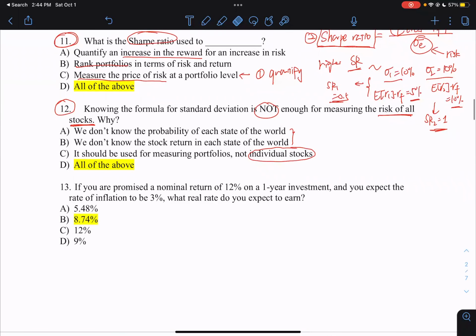The reason is something that we didn't cover in class yet, but I can give you a first preview. For individual stocks, we use a model called CAPM.